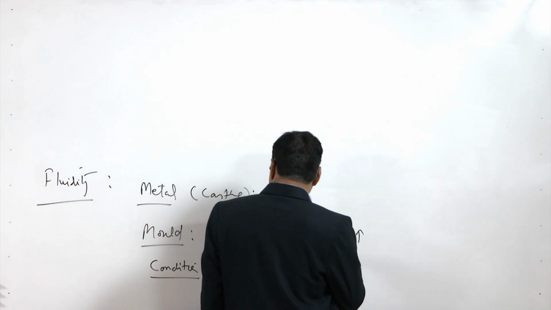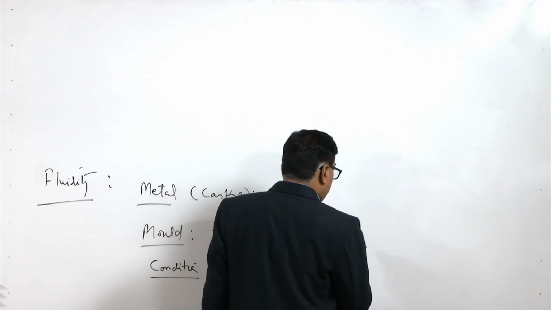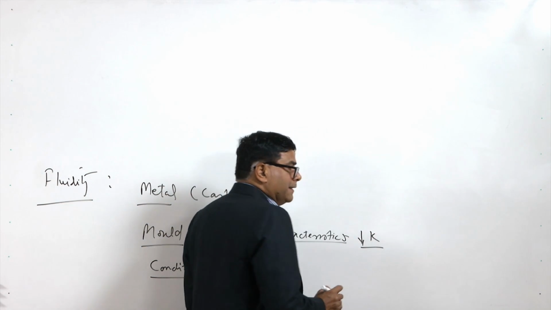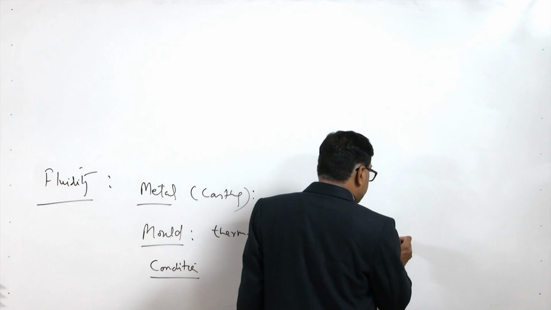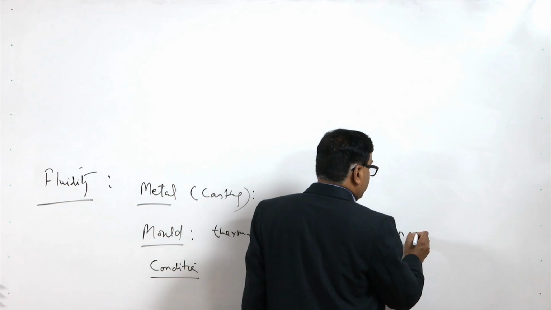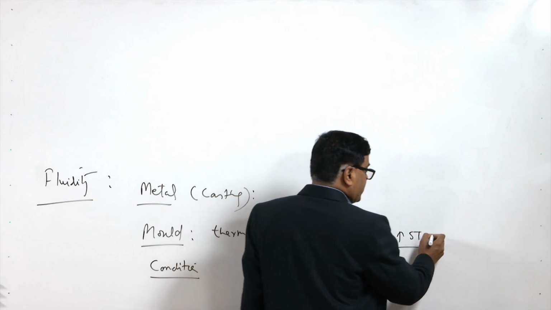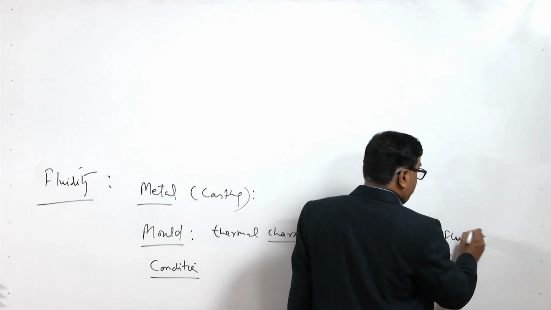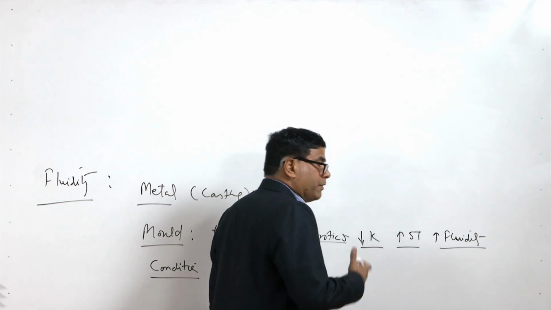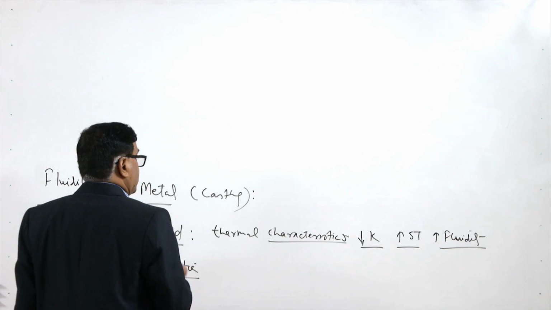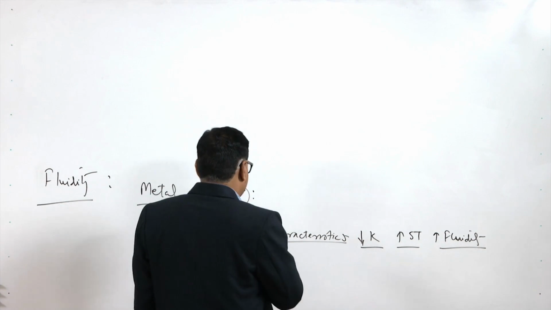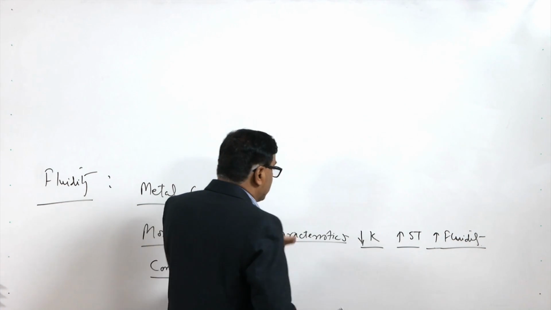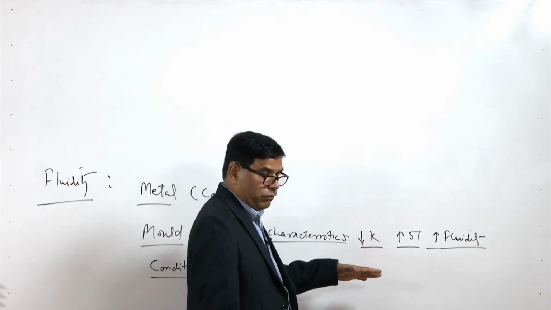So, the mould surfaces having the lower thermal conductivity will be leading to increased solidification time, and increased solidification time will actually be increasing the distance up to which molten metal can flow before the commencement of the solidification. So, thermal properties of the mould walls will definitely be governing. High thermal conductivity will be reducing the fluidity.